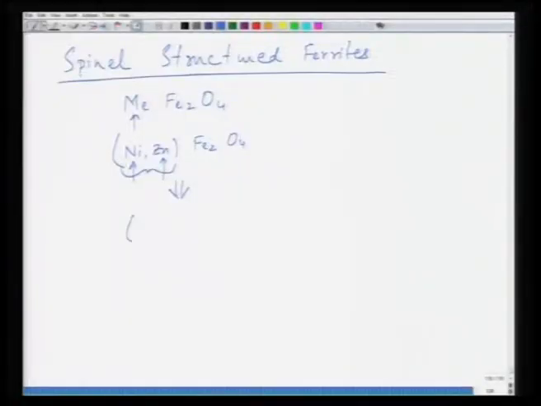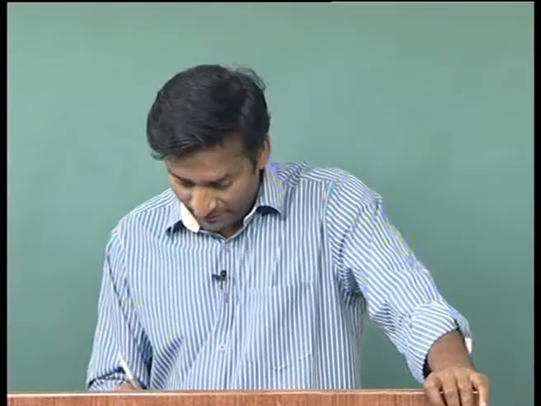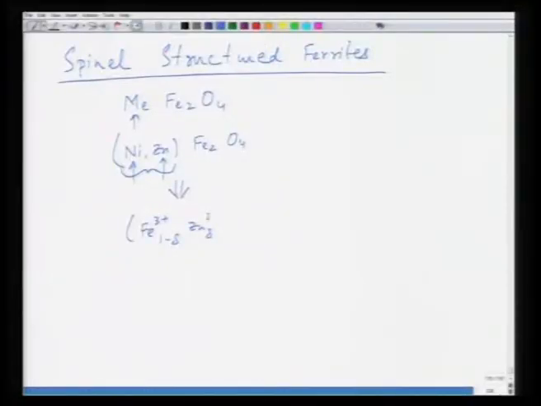But by careful mixing of these two, you can achieve a magnetic moment which is actually higher than the parent compound. So when you mix zinc in there, the distribution happens to be Zn delta 2+, Fe 1 plus delta 3+ on one site, and Ni 1 minus delta 2+, Fe 3+ on the other, where delta is the level of non-stoichiometry or level of mixing.